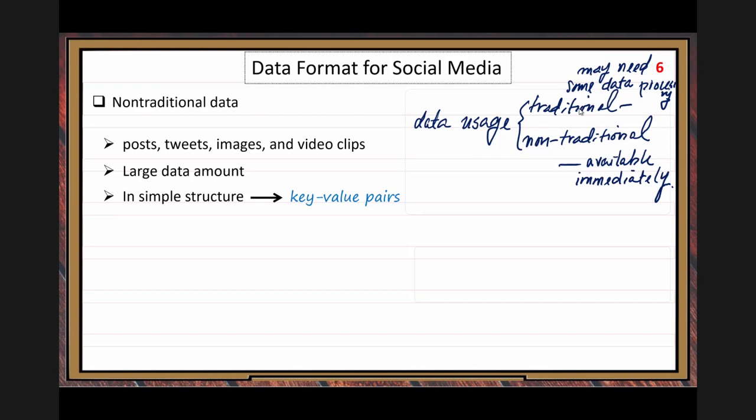Let me explain key value pairs. First, it's simple, with two components. You need to have a key. What's the key? The hashtag, right?